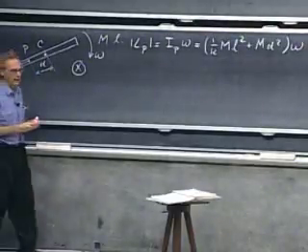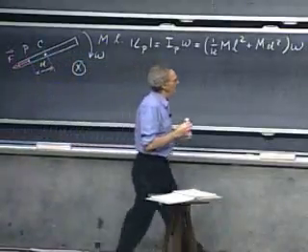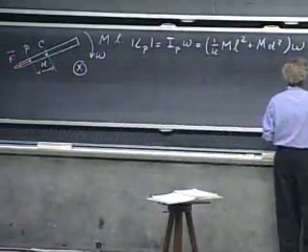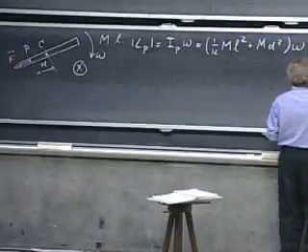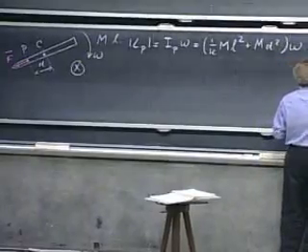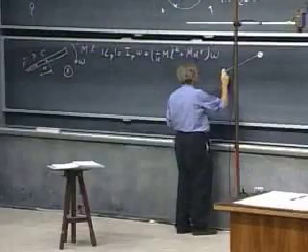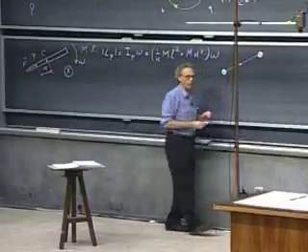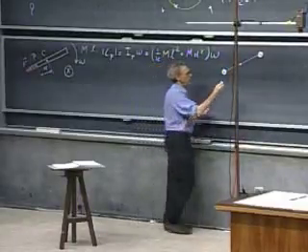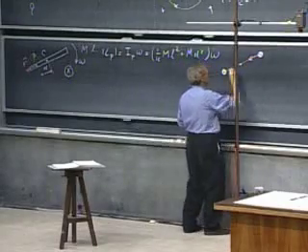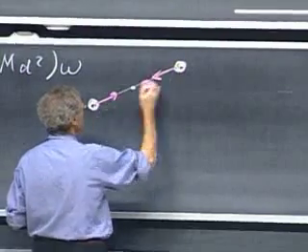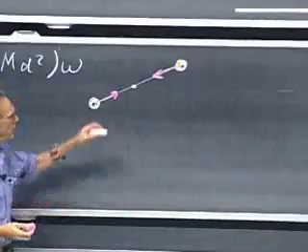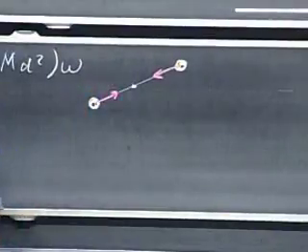I can make you see that best by first showing you a case of a massless rod with two equal masses at both ends. I rotate about this axis perpendicular to the blackboard. There is going to be a centripetal force here and a centripetal force here, and the two are equal, they cancel each other out, so there will be no force on that pivot point about which the two rotate.